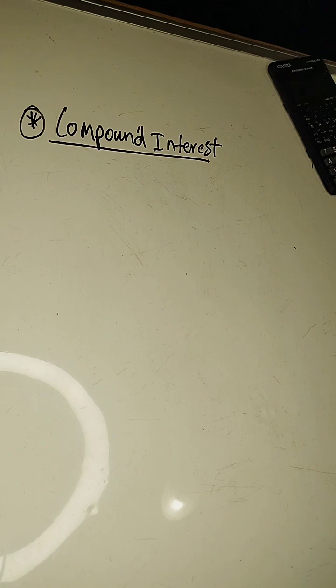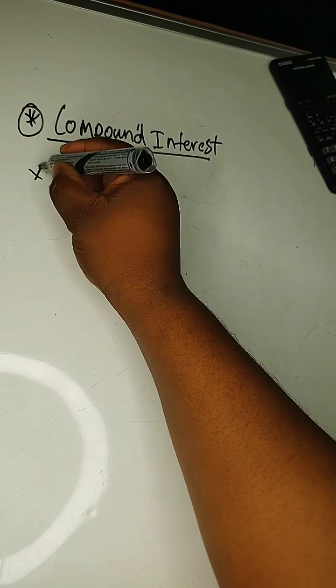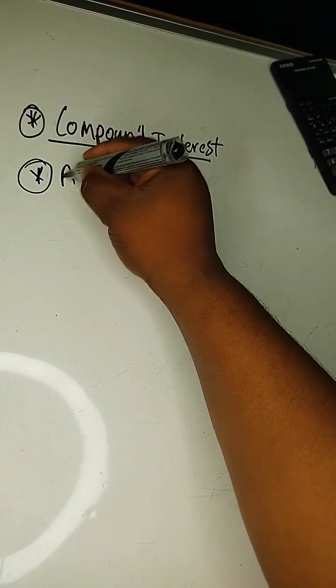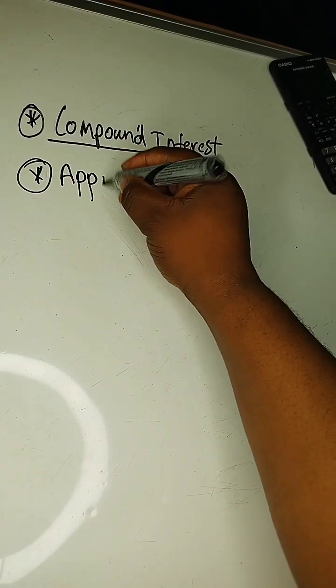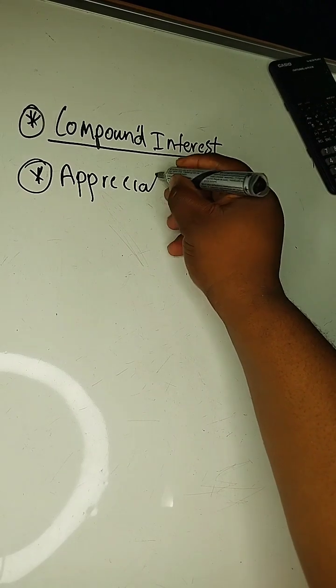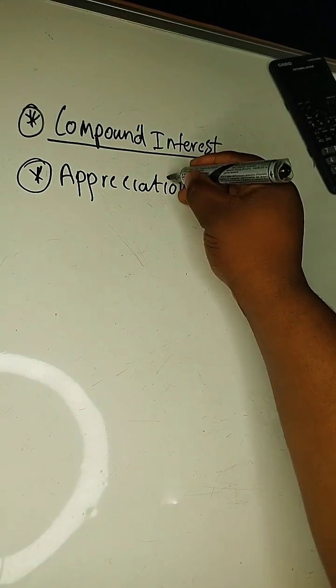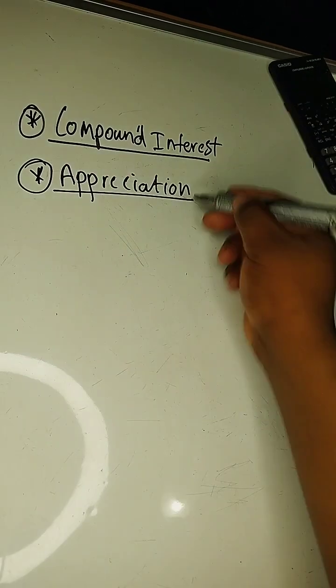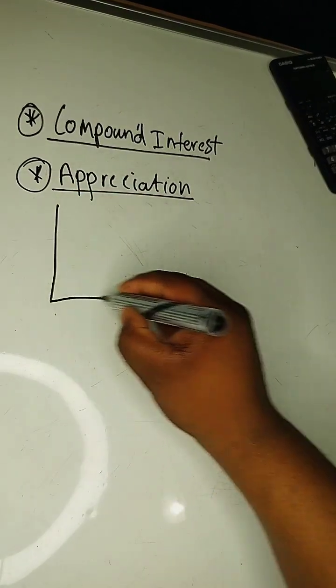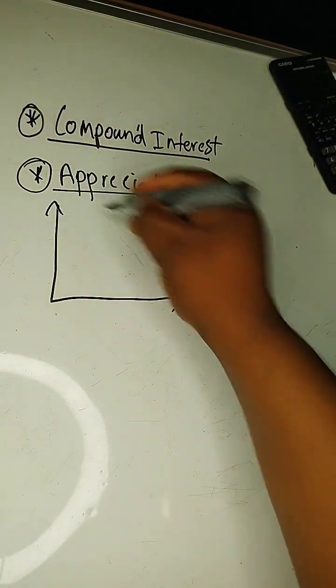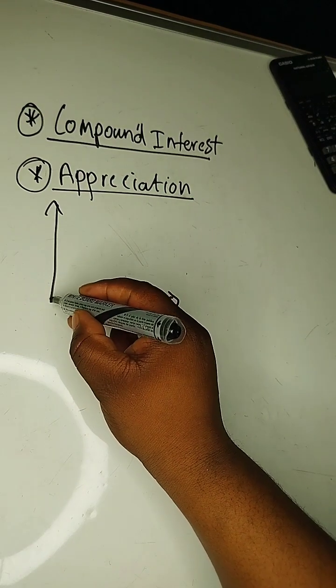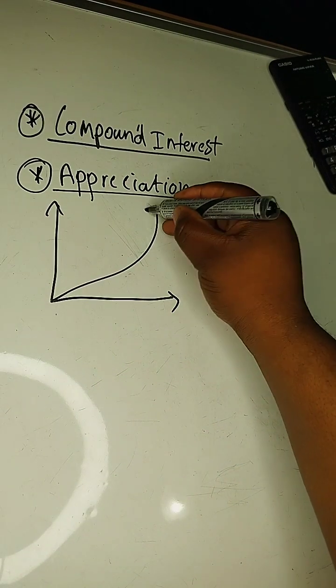Now as we are dealing with compound interest, we have two aspects again. We have the appreciation. Remember, the appreciation is an exponential, hence it starts here and goes up.